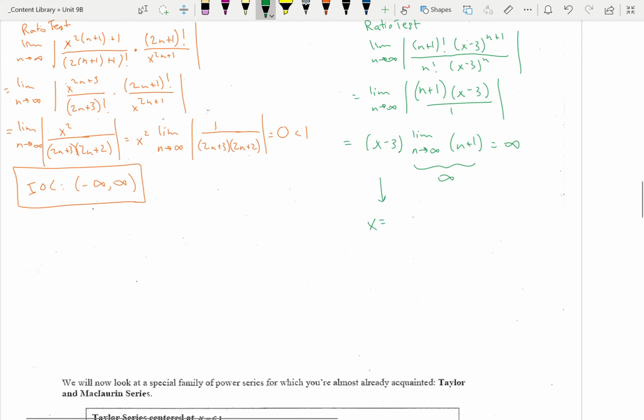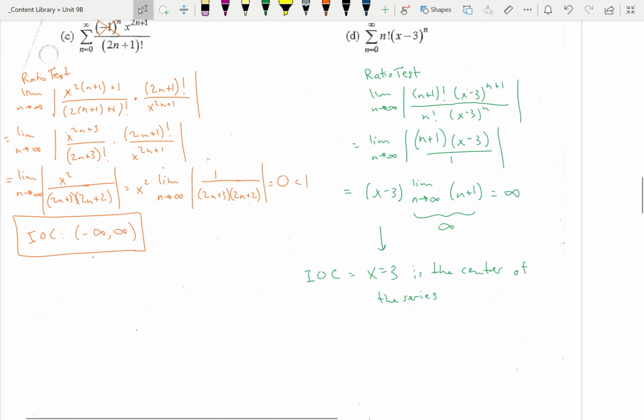So x equals 3 is the center of the power series. So the interval of convergence is not even an interval, it's just x equals 3.